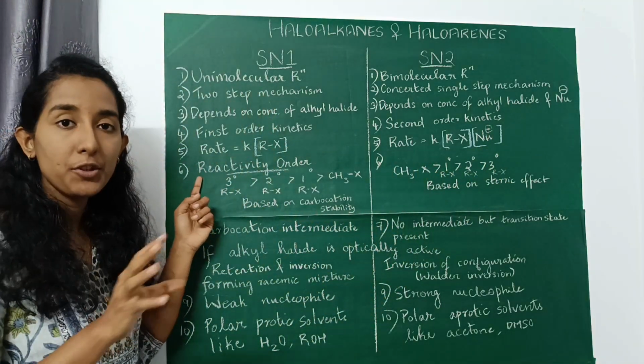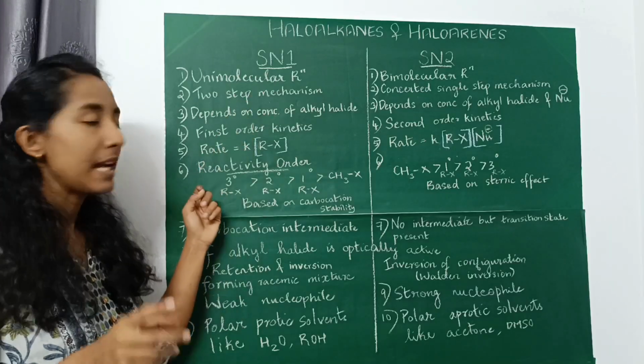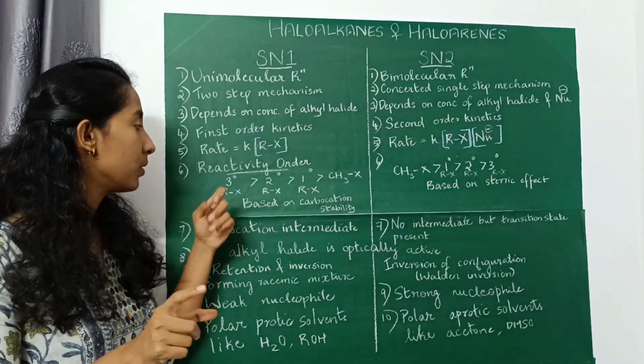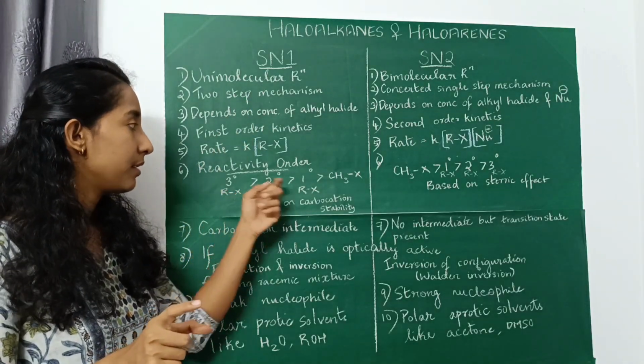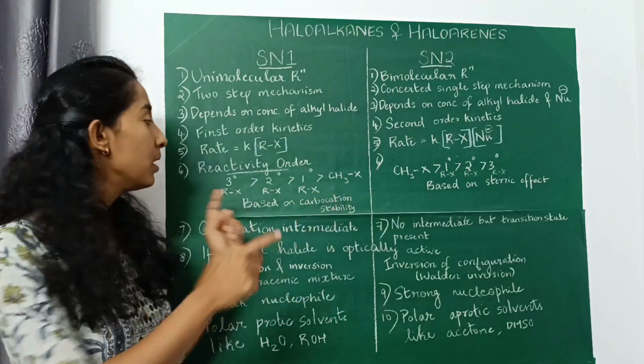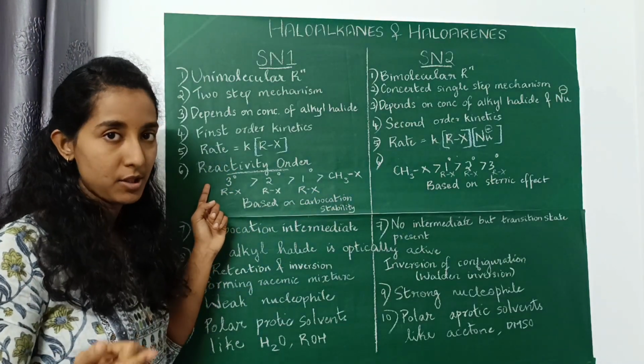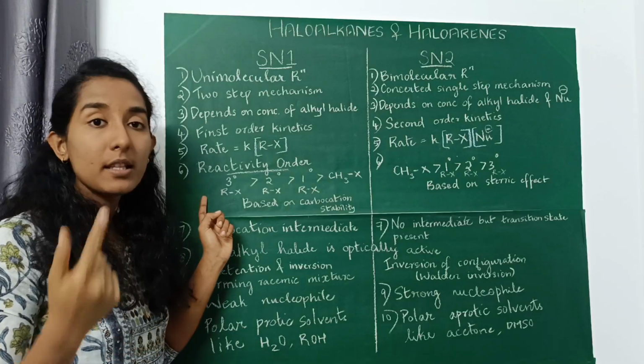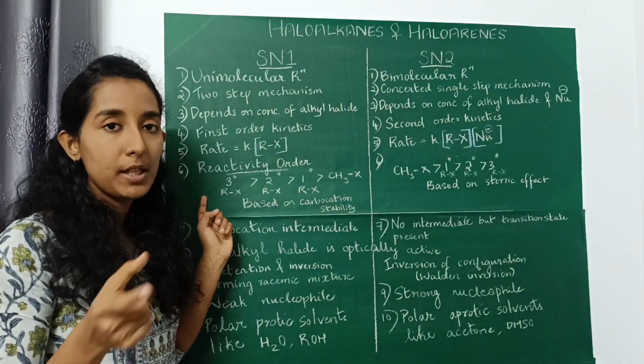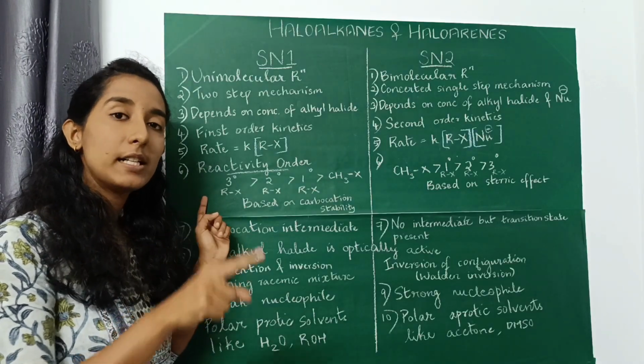Then moving on to reactivity order. In the SN1 reaction, the reactivity order goes like tertiary, secondary, primary, and methyl halide. Tertiary alkyl halides are more reactive towards the SN1 reaction, and the reason is carbocation stability. I have already discussed it in the last video.